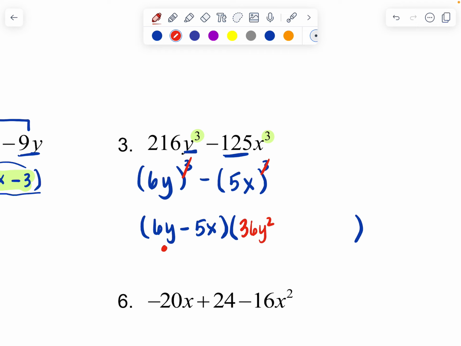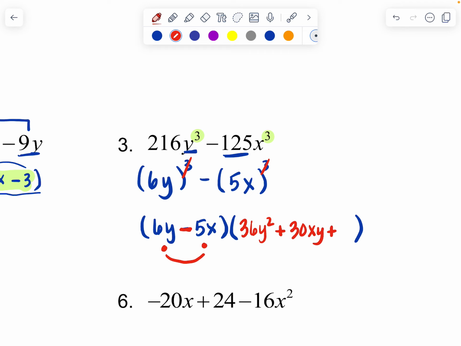Then we change the sign. This was a minus, so this is going to be a plus. Then we do the happy face. 6y times 5x is 30xy. You can write 30yx, but I just like to do an alphabetical order. This last sign is always a plus. And then the last I, we square the i's.